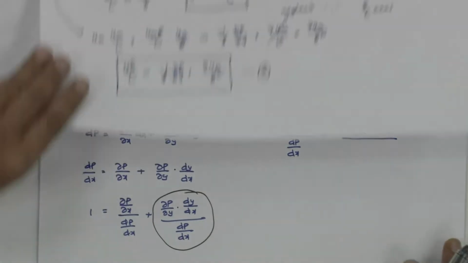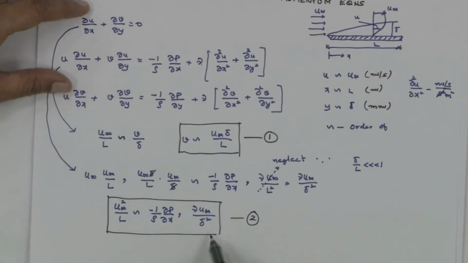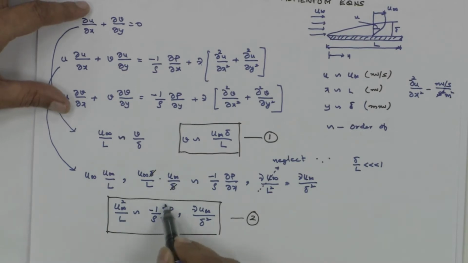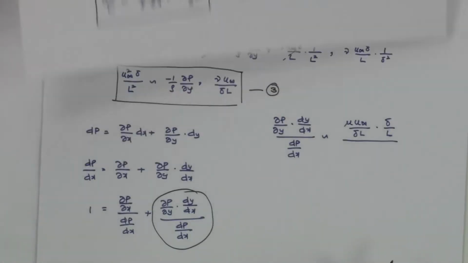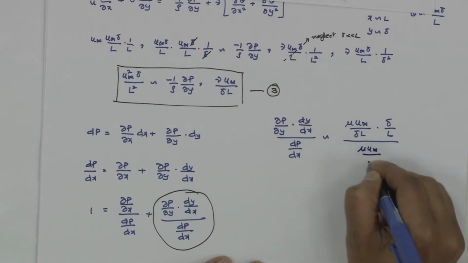Let us go to the x momentum equation. If you see the x momentum equation, this is what we had gotten. If this term and this term are important, both should be of the same order. So minus 1 by rho del P by del x should be of the order of nu u infinity by delta squared, but I want del P by del x. That means rho into nu, that is mu u infinity by delta squared.